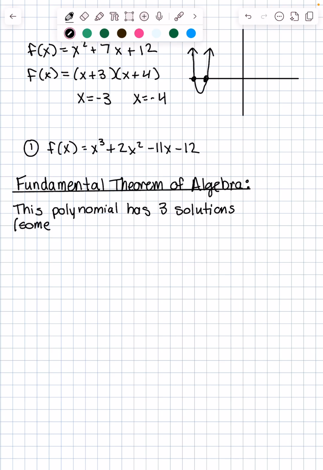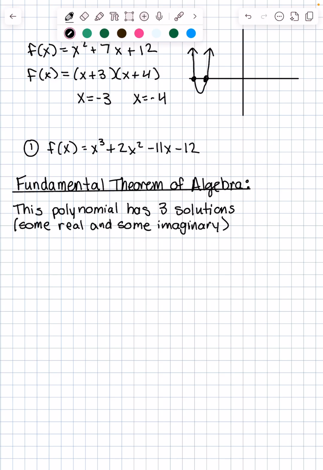So this doesn't necessarily mean that it has 3 x-intercepts, but some real and some imaginary solutions. It could have all real, it could have some imaginary, some real. Okay, we don't necessarily know.